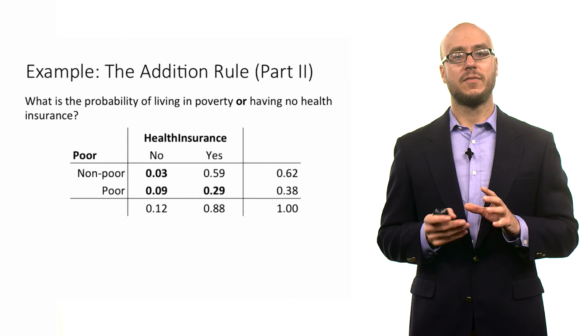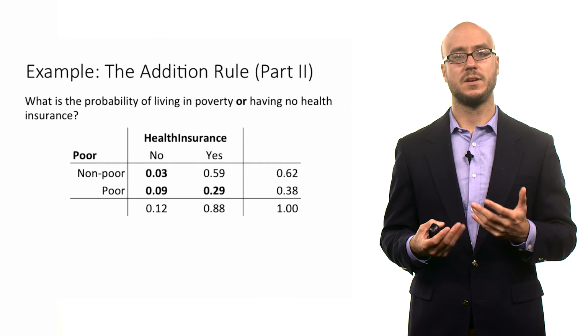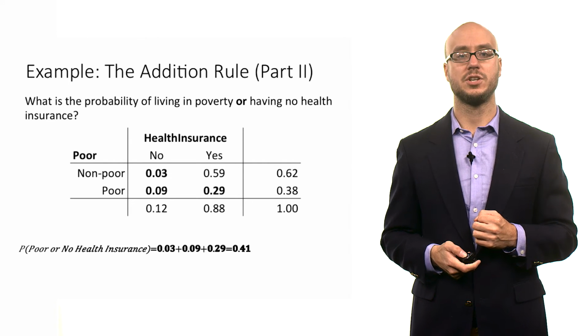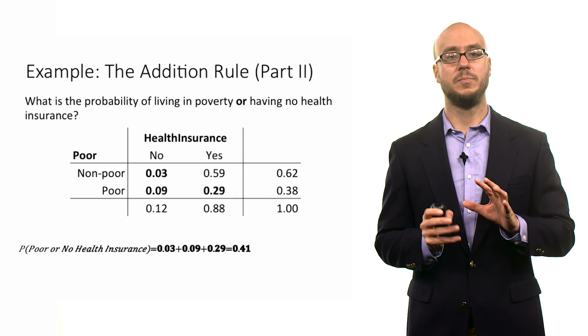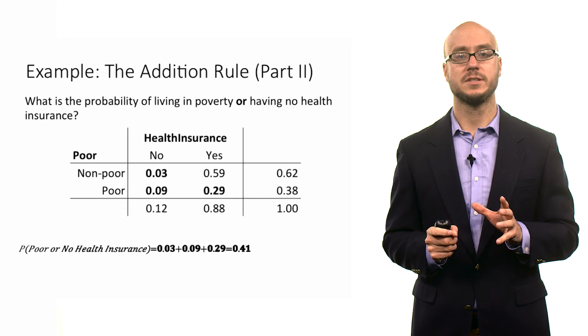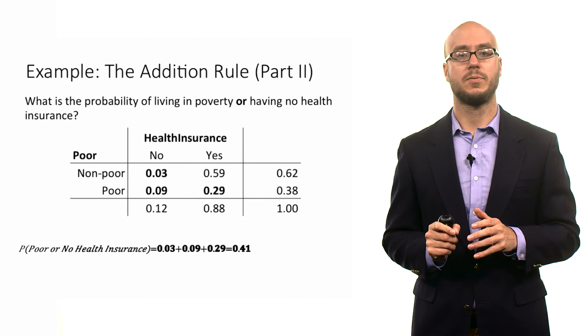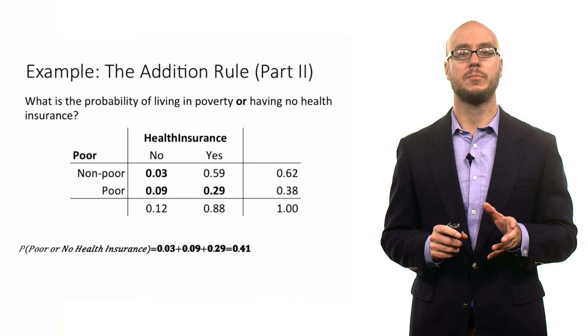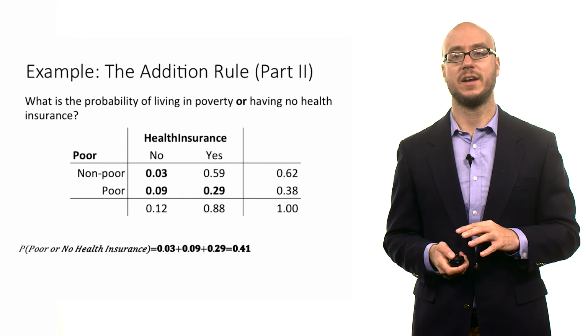A different way of expressing this calculation is in terms of the alternative formulation of the addition rule. We can say the probability of being poor or having no health insurance is that joint probability plus the probability of being non-poor and not having health insurance, and the probability of being poor and having health insurance.